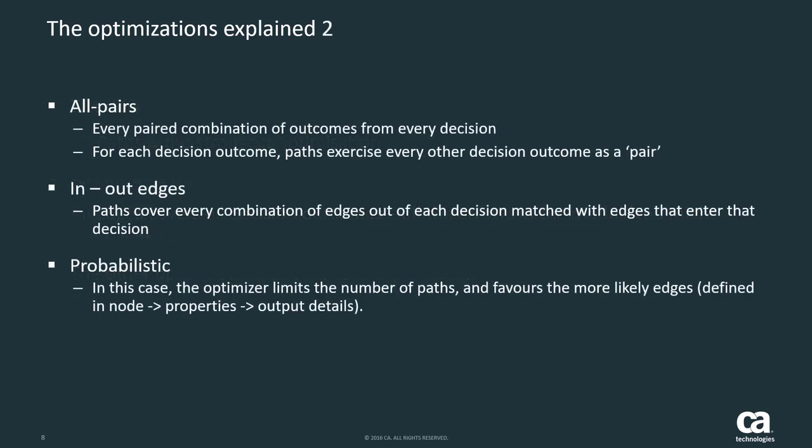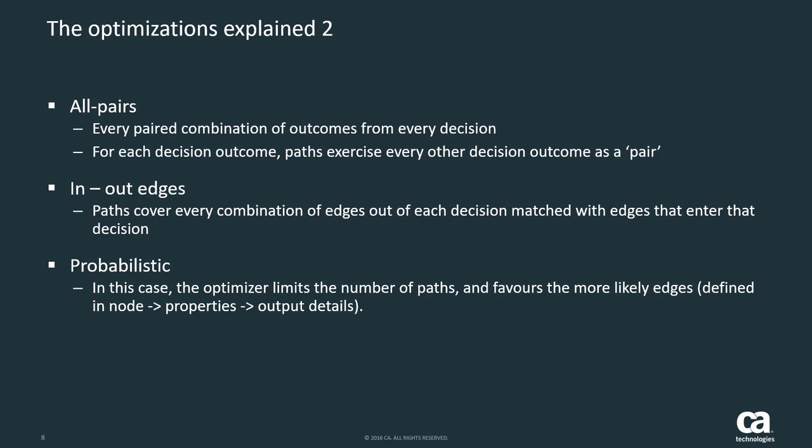Now, all pairs is a useful technique in certain circumstances, and I'll demonstrate that a bit later. But all pairs basically represents every paired combination of outcomes from every decision. So for every arrow coming out of a decision, that is matched with every other arrow out of every other decision, and there should be paths to cover all those combinations as a pair.